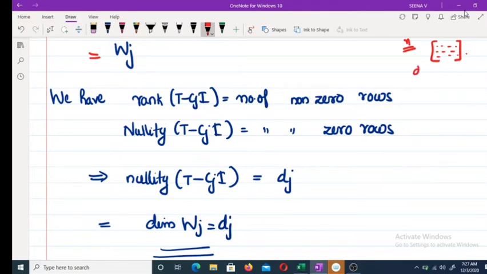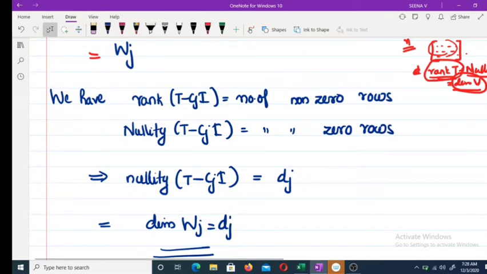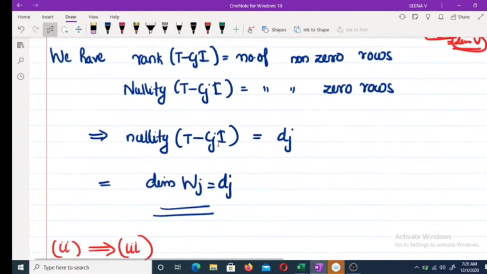By the rank-nullity theorem, rank of T plus nullity of T is equal to dimension of V. In the case of a matrix A, rank is row rank, plus nullity is equal to dimension V. If this represents the number of non-zero rows, and this the total number of rows, then nullity represents the number of zero rows, because the sum is equal to dimension V. Therefore, the nullity of T minus Cj I is the number of zero rows.